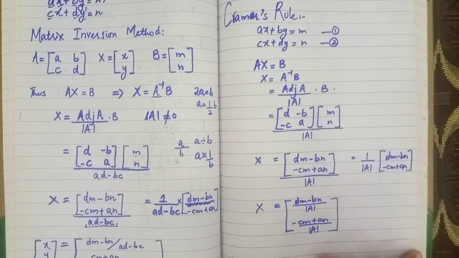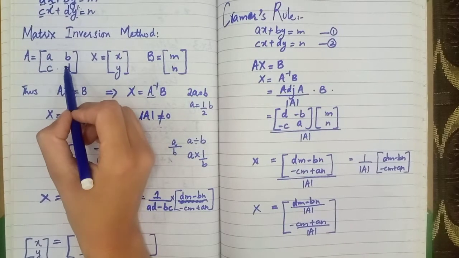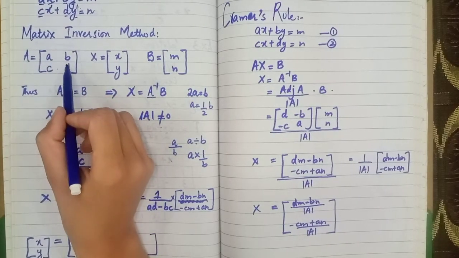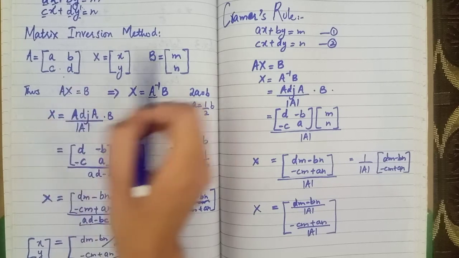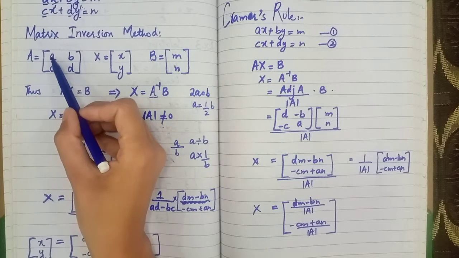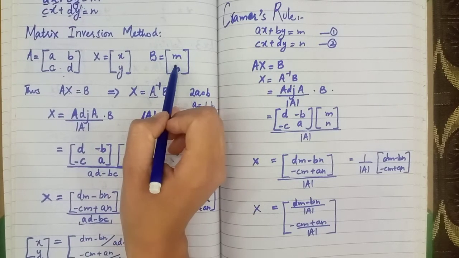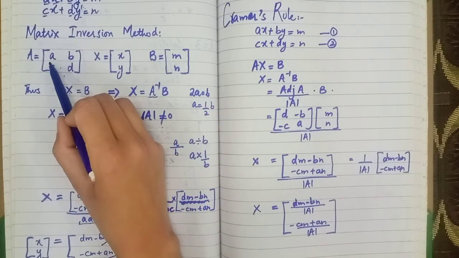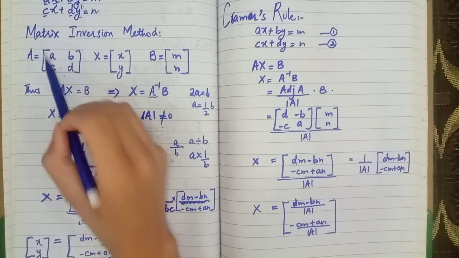Guess a little. This is matrix A. When we change this column into mn, eliminate this and put mn from matrix B here, then we get md minus bn.